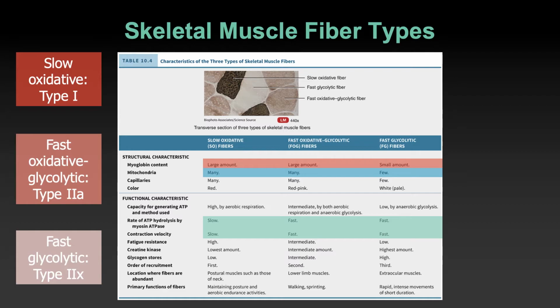They contract more quickly than others. And so the type 2X fibers have really fast myosin. Type 1 fibers have really slow myosin. And then there are really mixtures in between the entire length of the spectrum, but these are the general categories that we can separate muscle tissue into.